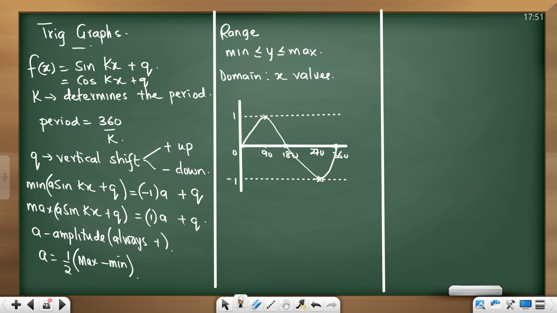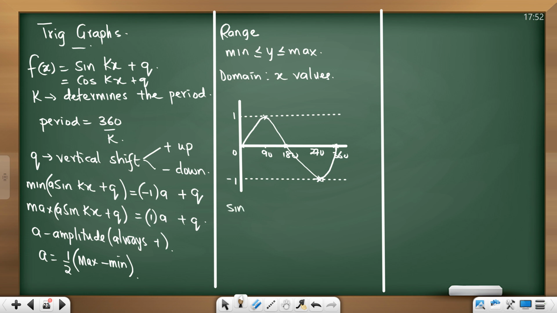That's my sine graph. That's a complete graph. That's 360. Is that okay? How to find period and how to find K.